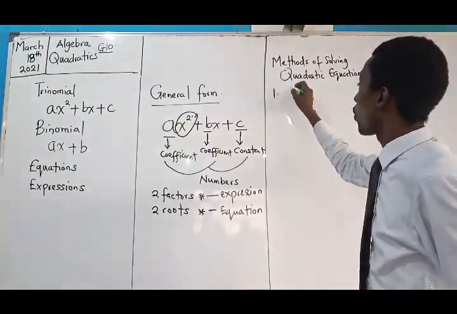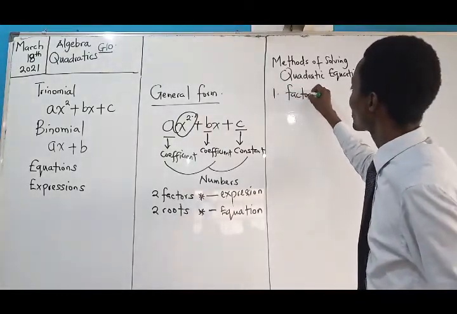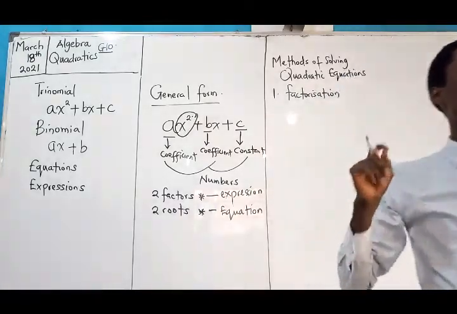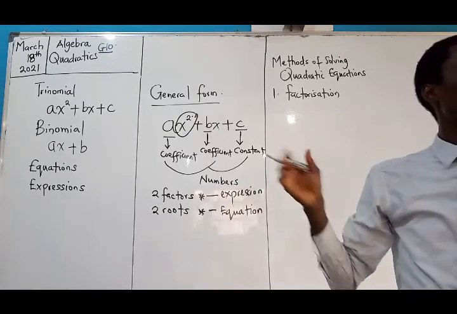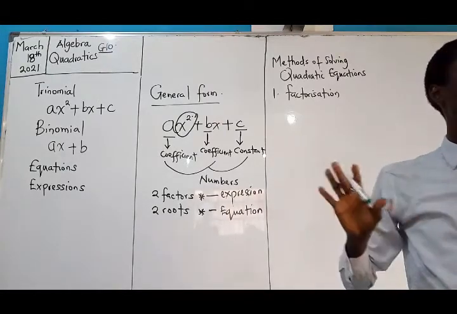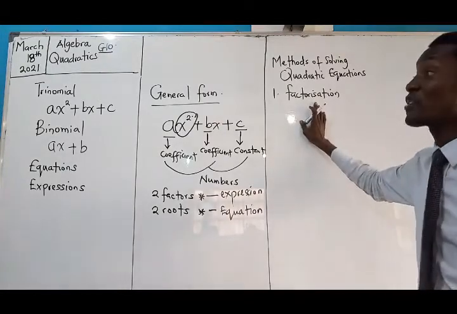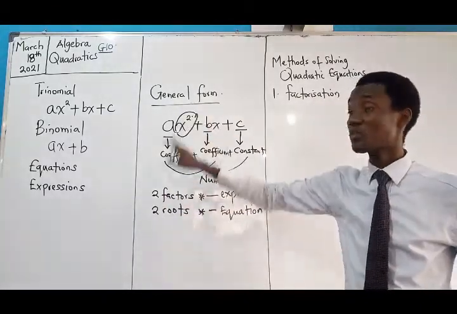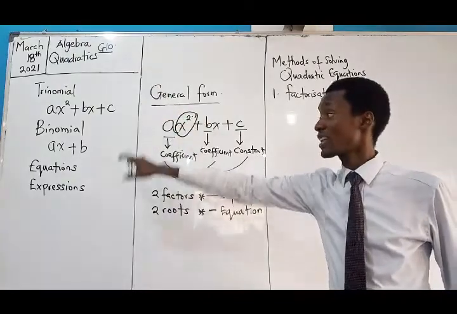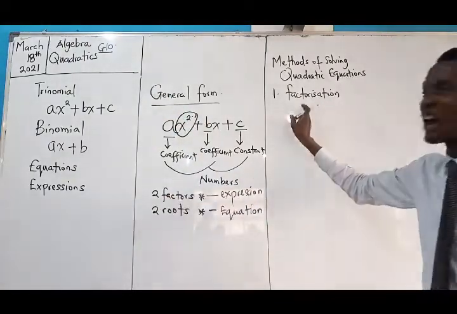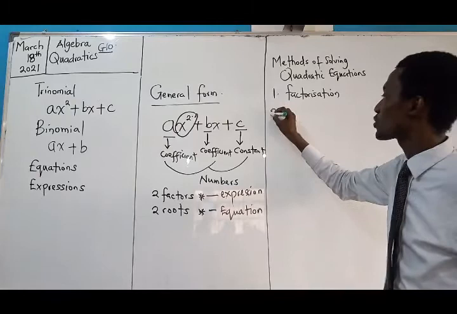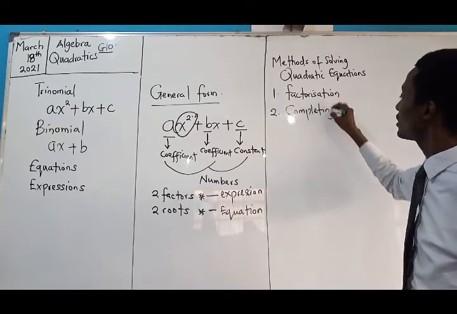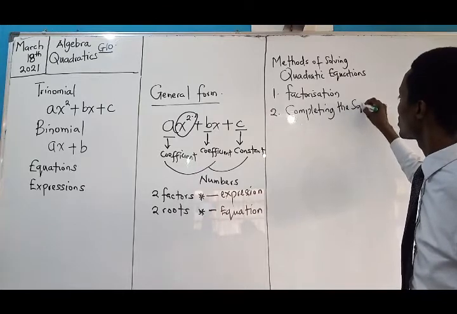Number 1, we have what is called factorization. This is the most important method in solving quadratics or quadratic equations. In fact, a whole lot of the work we're going to be doing under quadratic expressions will be factorization. Number 2, we have what is called completing the squares.